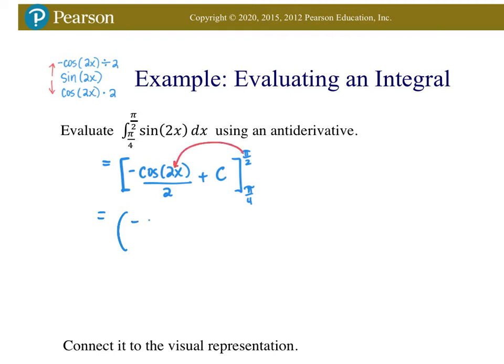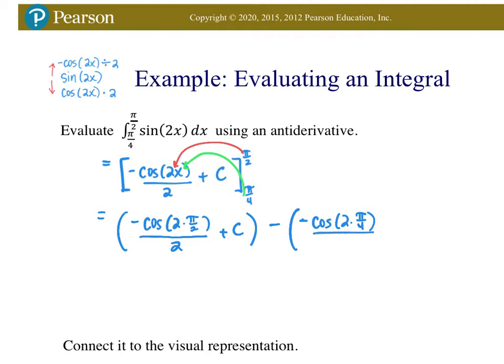So that'll be negative cosine of 2 times pi halves over 2 plus c, minus, and then a second set of parentheses, and now I'm going to put in the pi fourths. So minus negative cosine of 2 times pi fourths over 2 plus c.